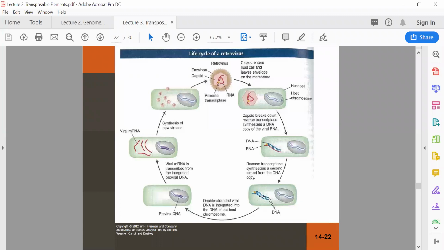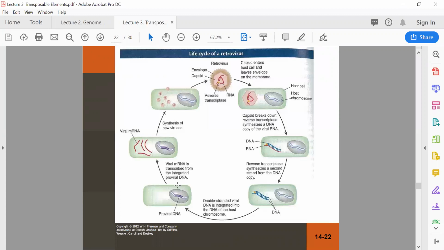That double-stranded viral DNA is then integrated into the chromosome of the infected host cell. There it is, and now it's referred to as proviral DNA. Now, when this infected host cell transcribes its own genes on its own chromosome, it will also transcribe the proviral genes.